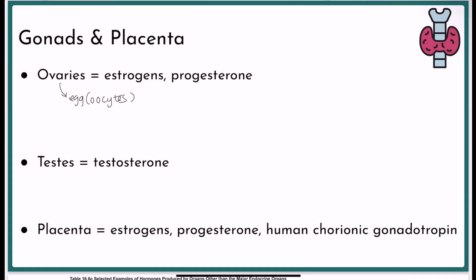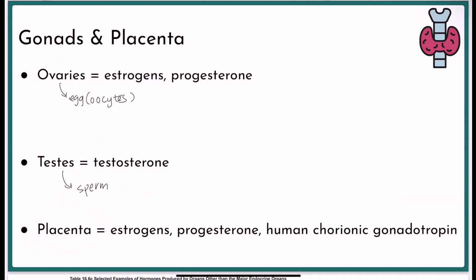The testes make sperm. Those are the male gametes. And we also synthesize and release the hormone testosterone, which is important for maturation of the male reproductive system and development of secondary sex characteristics during puberty. We'll circle back to this when we get to repro, that's our last unit.